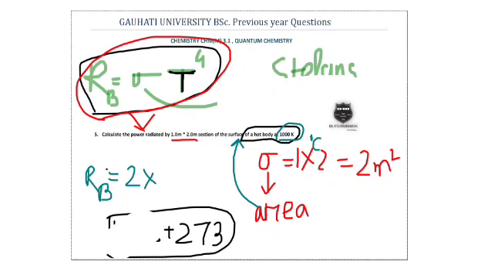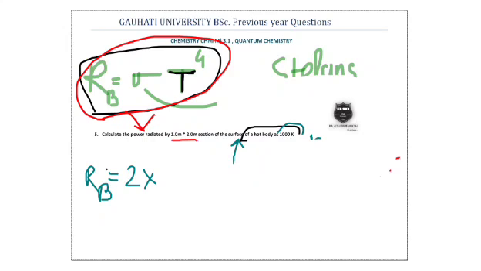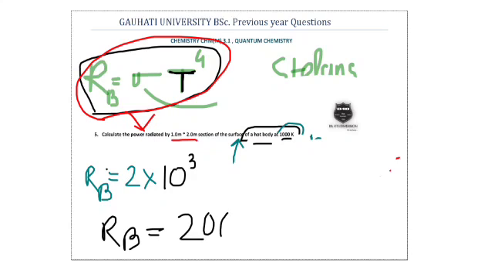Let us focus. Temperature is 1000 Kelvin, meaning 10 to the power 3 Kelvin. So this gives the power radiated by the 1 into 2 meter section of the surface of the hot body at 1000 Kelvin. So the answer will be 2000, and the unit will be this one.